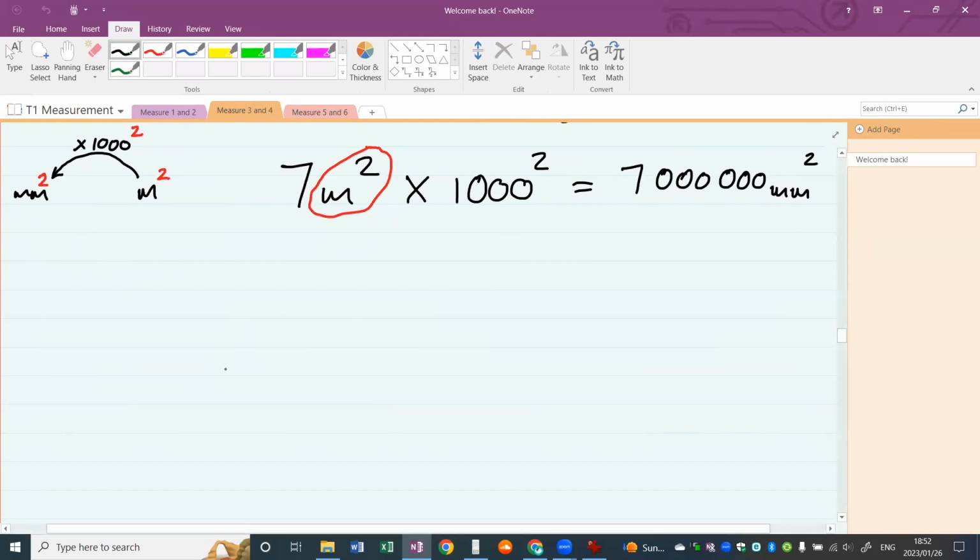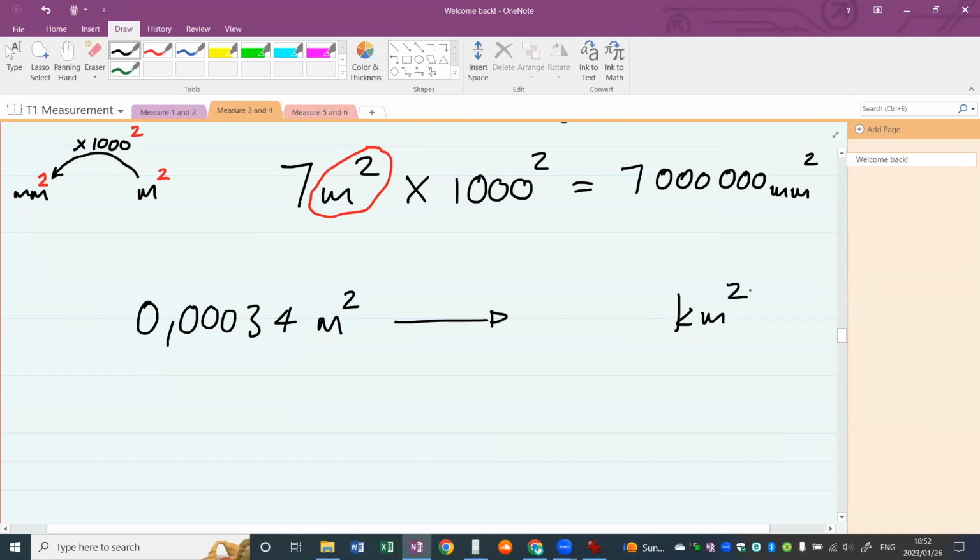Okay, here's an example for you. I want to work out, I have 0.00034 square meters. The square is not on the number, the square is on the meters. And I want this to change to kilometers squared.